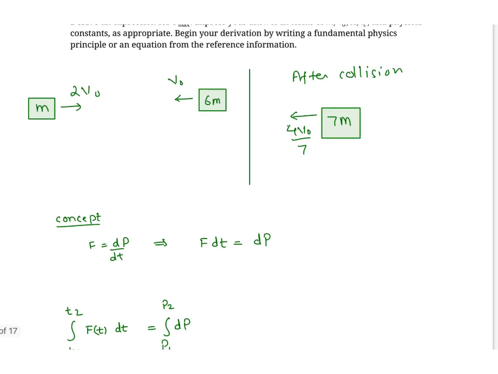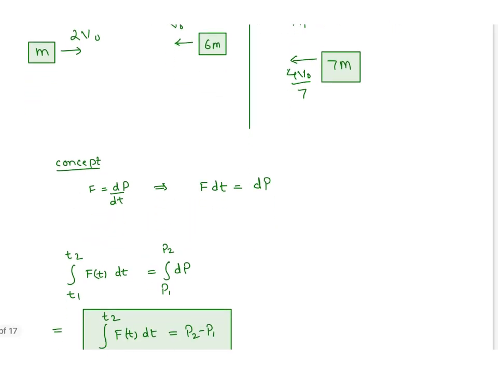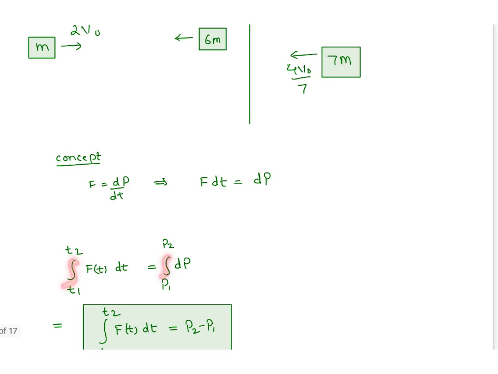Now please see here. Force is given by dp by dt. I am multiplying by dt here, so F dt will be equal to dp. And then I am integrating it. Here we have to apply a limit on time, and here we have to apply a limit on momentum. So at time t1, momentum was p1.